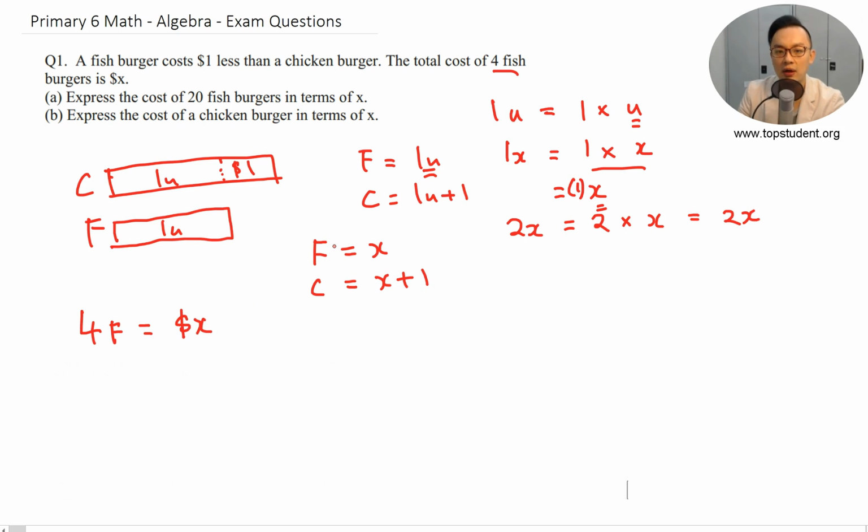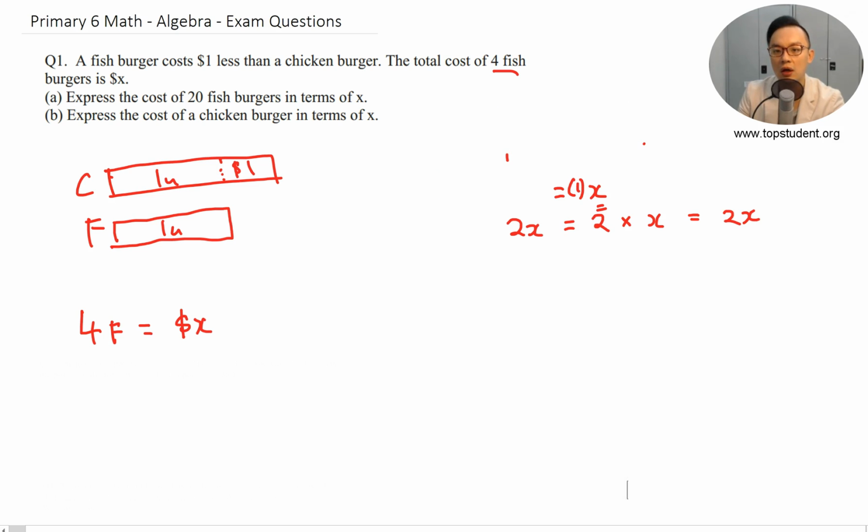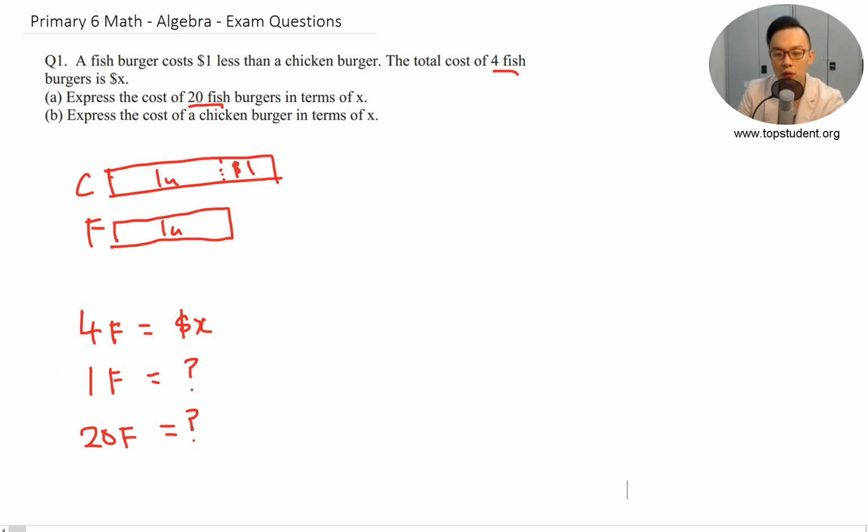For now, just ignore the previous part, because I was just sharing with you how 1U can be equivalent to X. So 4 fish burgers is X dollars. 1 fish burger equals how much? And I want 20 fish burgers. If I can find 1 fish, then I can find 20 fish burgers. So what is 1 fish burger?